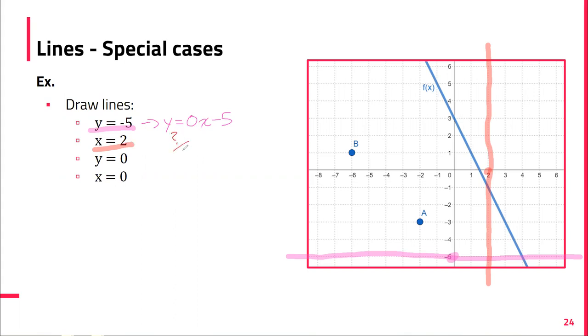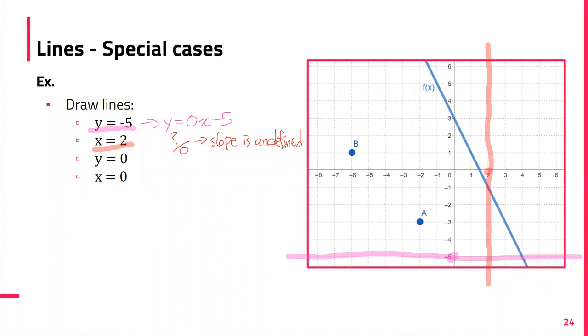Something on the top divided by 0, and that means we can't give a slope, because division by 0 is undefined. So in this case, the slope is undefined.